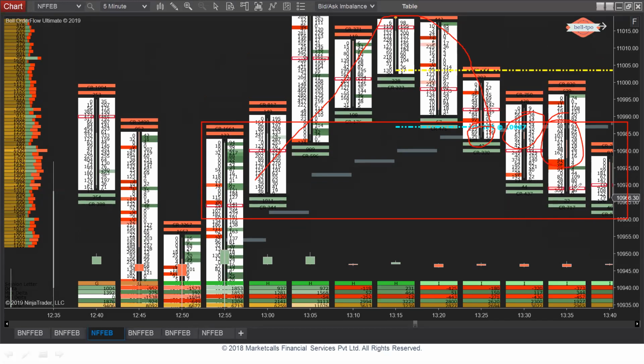So there are no real players coming and supporting over here. You see that less and less imbalance is happening over there, which is a sign that it's mostly a kind of consolidation. No reversal is really happening there. So this is one of the places where you can anticipate a sell off, especially when this delta unwinding is happening.